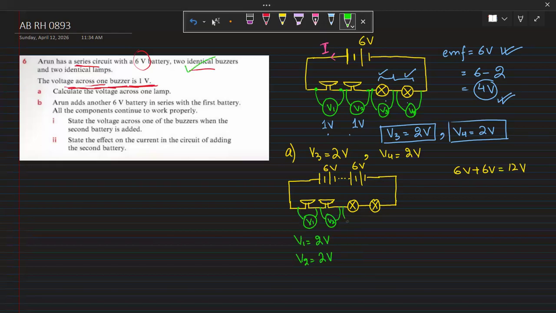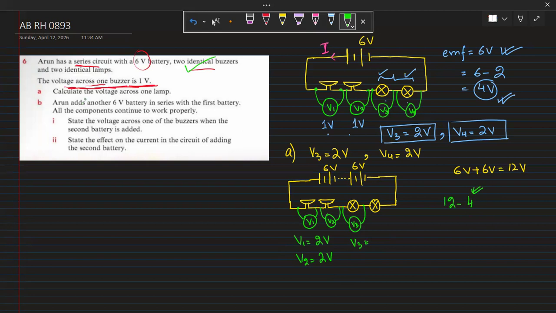Now when we talk about the lamp, here it's going to be V3. So V3 is going to be 12 minus 4. How does this 4 come? Because across both the buzzers, 2 and 2 volts are dropped, so altogether they make 4 volts.